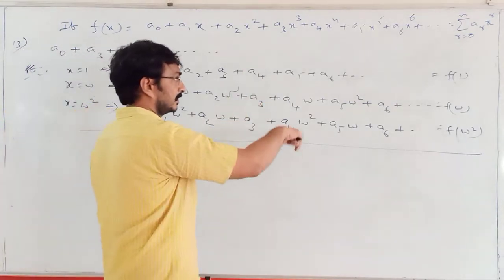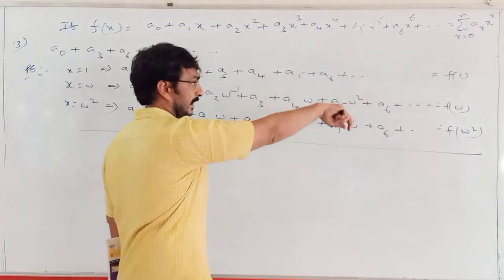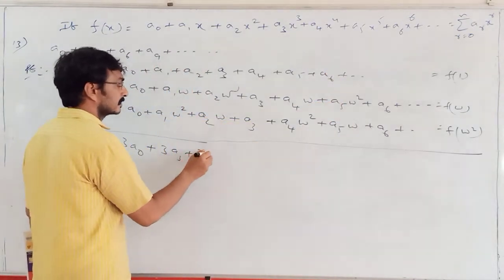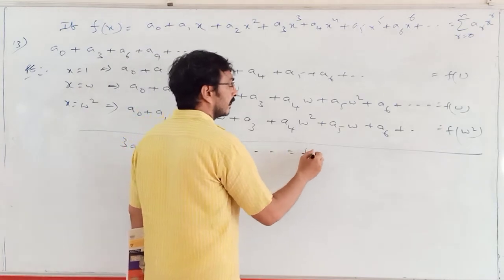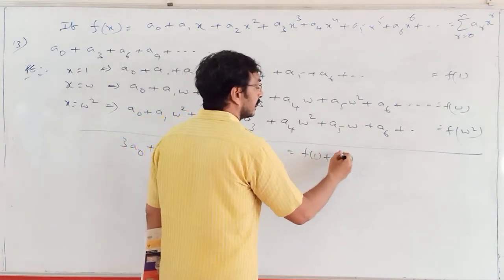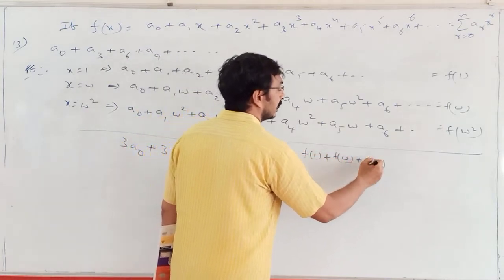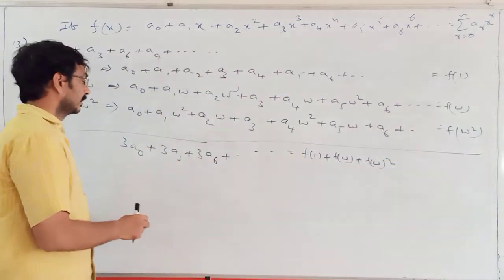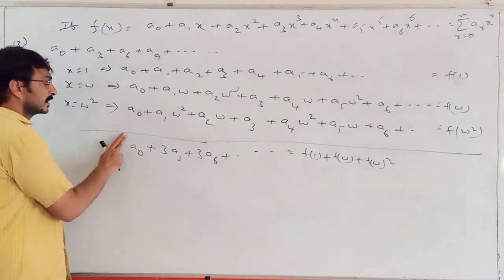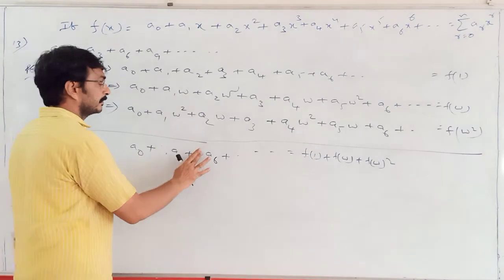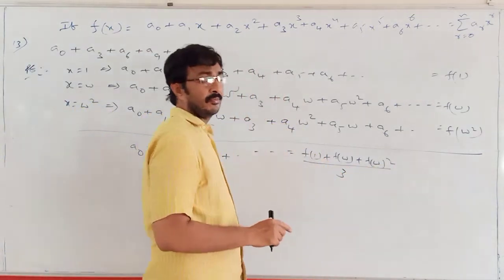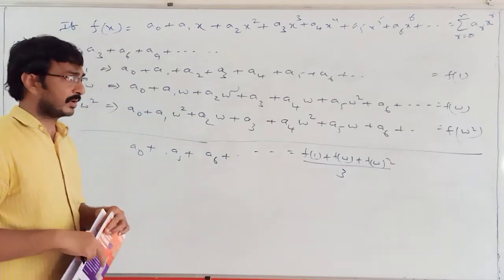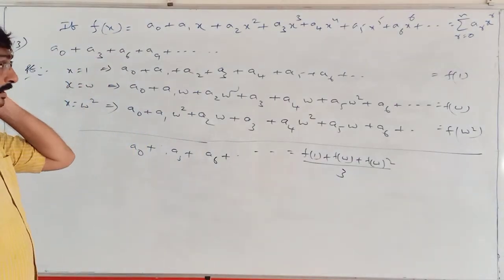Similarly, next term 0, next term 0, next term a6, 3a6, and so on, equals f of 1 plus f of omega plus f of omega square. So by dividing by 3 on both sides, a0 plus a3 plus a6 plus and so on equals f of 1 plus f of omega plus f of omega square, divided by 3.